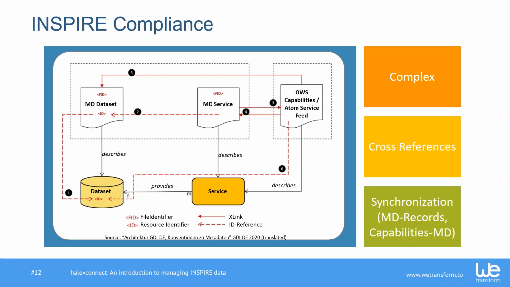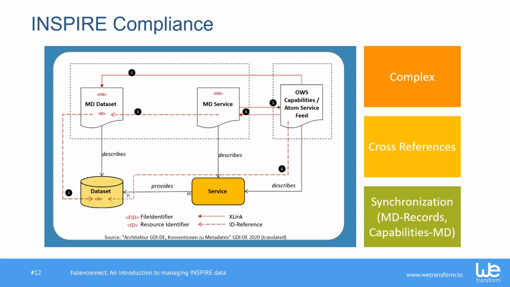On the right-hand side, we also have our services, and at the top of the diagram, we have our various sets of metadata. So we have data set metadata, and then you will also have service metadata. That can mean upwards of 3 different sets of service metadata, because if you have a WMS, a WFS, and an Atom feed, then you also need WMS metadata, WFS metadata, and Atom feed metadata as well.